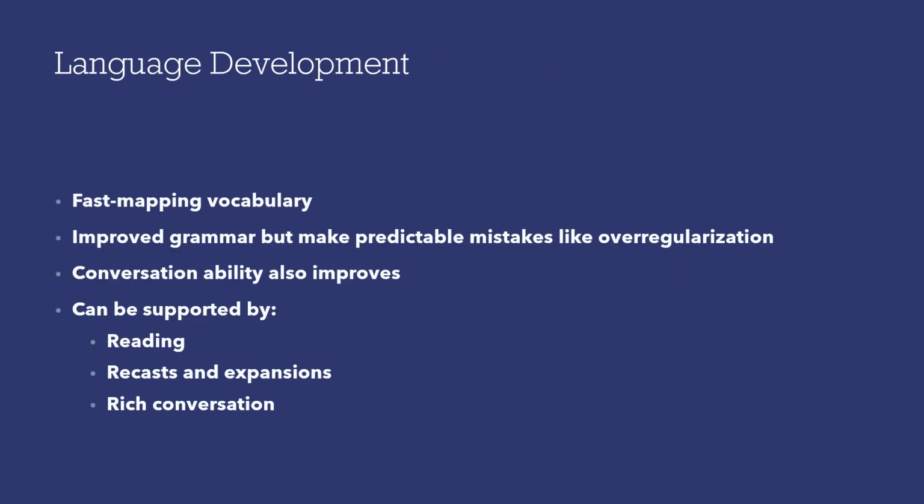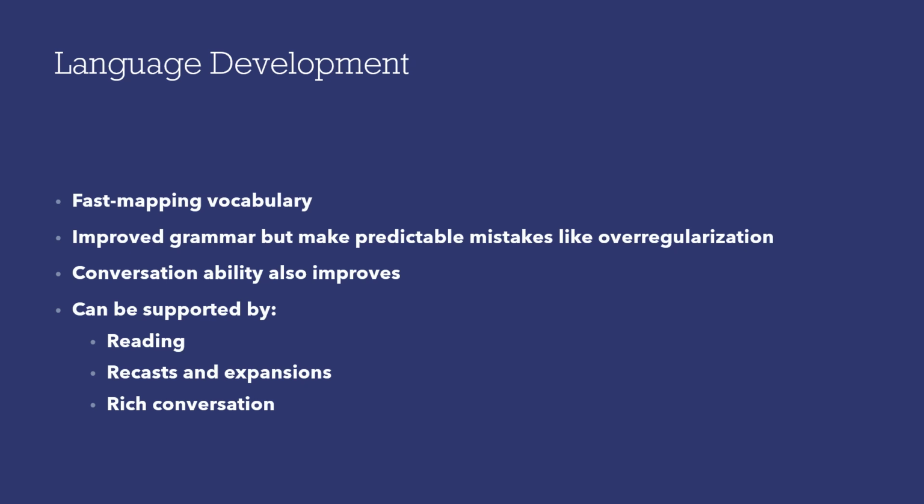Some other language developments, I already talked about some of these in regards to literacy, but they are also very good at what's called fast mapping vocabulary. Fast mapping vocabulary is basically where if they hear an adult reference an object that they don't know the word for, they can figure it out based on context clues, based on the words that they already know and the objects that they already know.